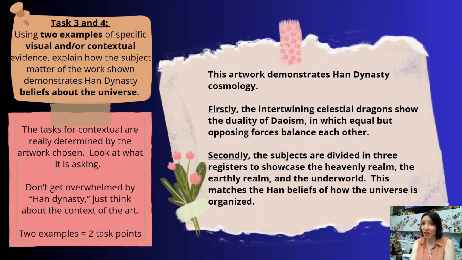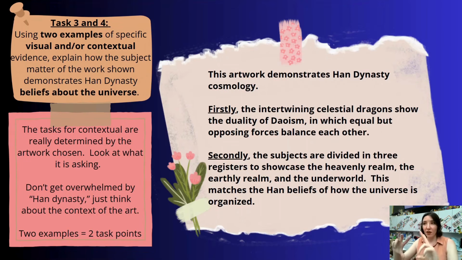Sometimes it's probably just going to be contextual, so pay attention. You don't want to talk about color if it's not about the context. And don't get overwhelmed by the sprinkled-in extra pretty words like Han Dynasty. It's talking about beliefs about the universe. Focus on that. And because it's 2 examples, that's 2 points.